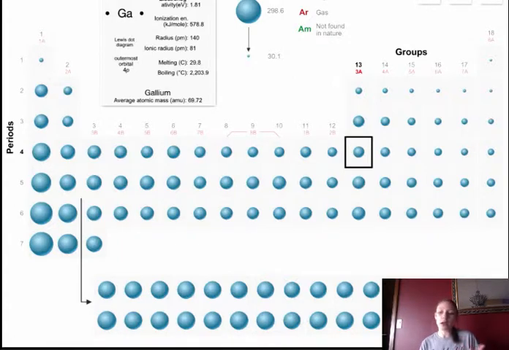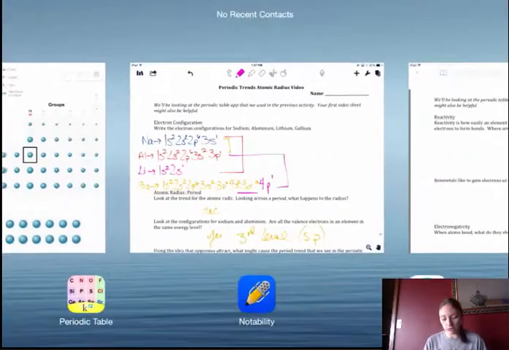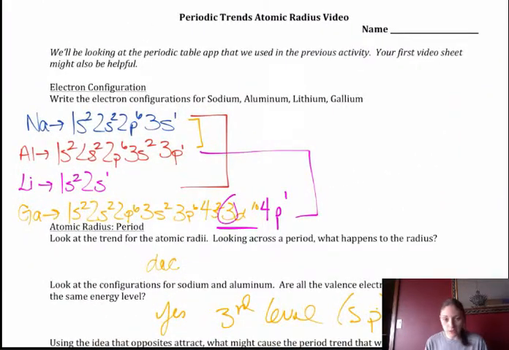So what happened with gallium is you stuck a bunch more electrons into the third energy level. You actually went down a level and stuck 10 more electrons a little closer to your nucleus. That makes it a little bit smaller because there's so much more in between that the protons can pull on.